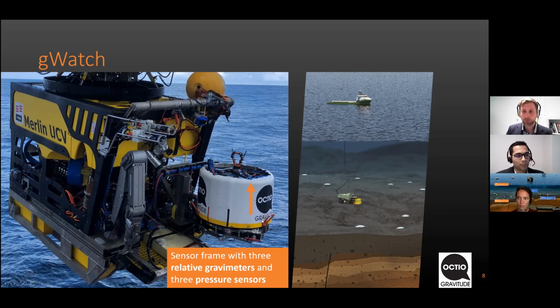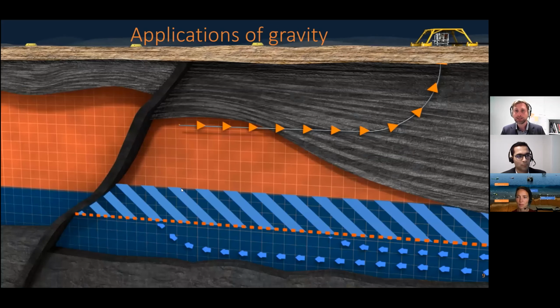This allows us to get a good understanding of the reservoir dynamics. So that was just a quick view of the operation. We will obviously get back to this as we go.